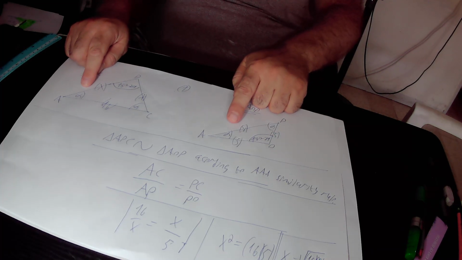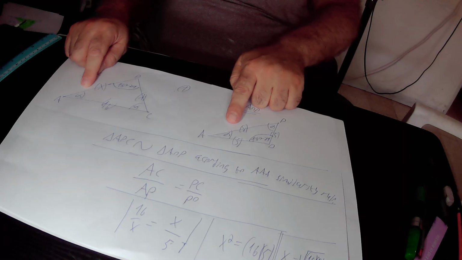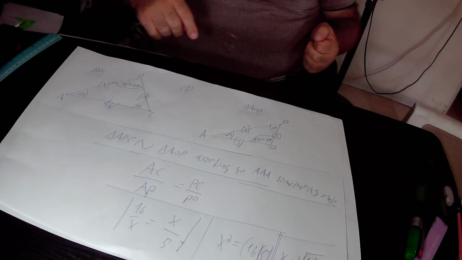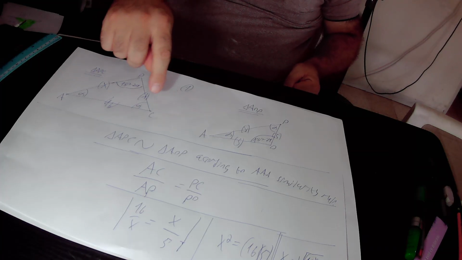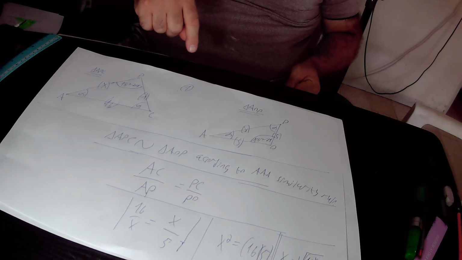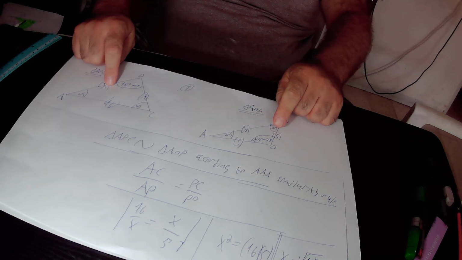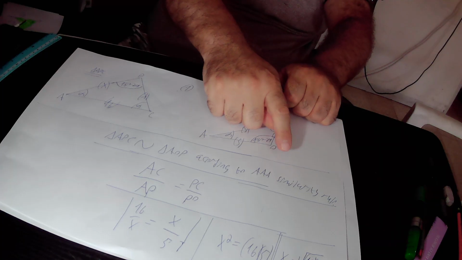In addition, those two angles are both equal to alpha, therefore they are equal to each other. And finally, those two angles are both equal to alpha, therefore they are equal to each other. So we prove that all the angles of the big triangle APC are correspondingly equal to all the angles of the small triangle AOP. And therefore those two triangles are similar to each other according to the angle similarity rule.